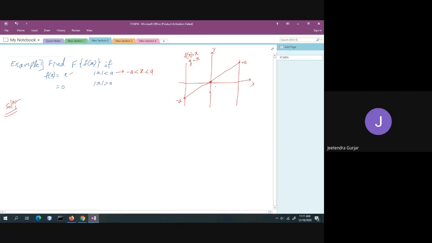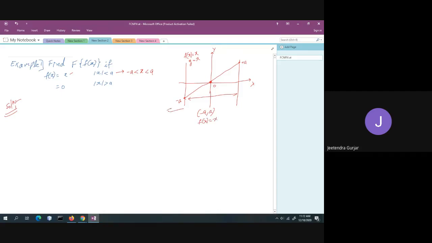So f of x equal to x is a straight line in the interval minus a to a. Is it clear? In this interval minus a to a, f of x exists and is equal to x.